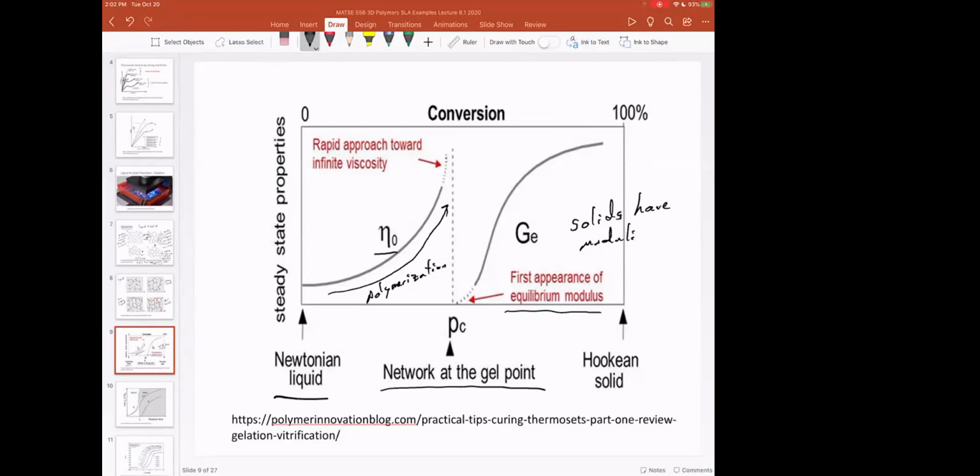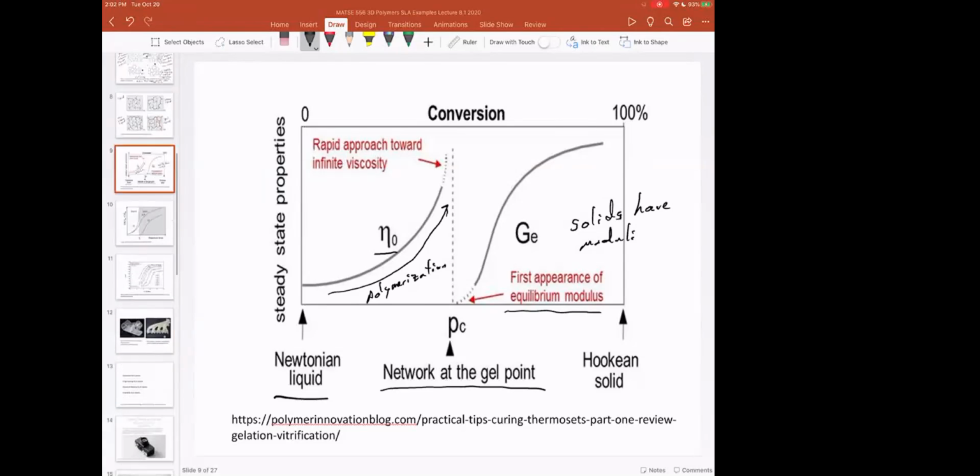And so in order to find this gel point, lots of times people will construct a working curve, or they'll look at the tackiness of the resin, or there's other ways to find this gel point. And we'll talk about that analysis as we talk about different resins. But this is what people are really interested in terms of how to get to this gel point. What's the dose of light? What's the polymer chemistry? How much crosslinker do I need to add in order to get to this gel point so I can do my 3D printing?